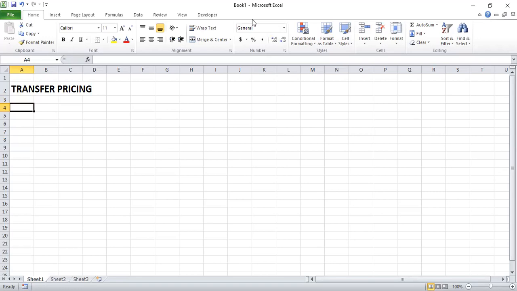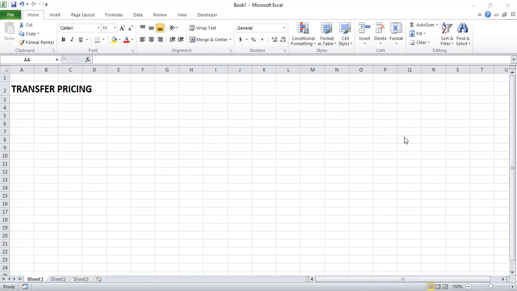Right. For example, we might have one entity which is into wood, which keeps a forest and produces wood. Then we have one entity which produces furniture. And this entity that produces furniture requires wood from the wood manufacturing department.